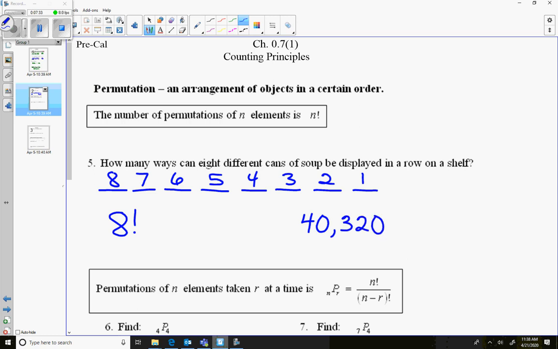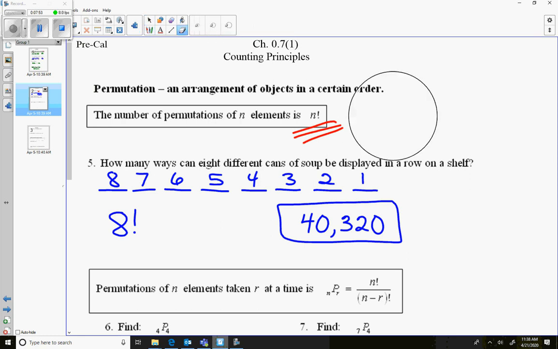I was looking for something and I'm not finding it, so I'm not going to worry about it at the moment. Okay, in other words, the number of permutations, the way we can order those 8 things would simply be 8 factorial. So that was an example of that first case. Now, next one.